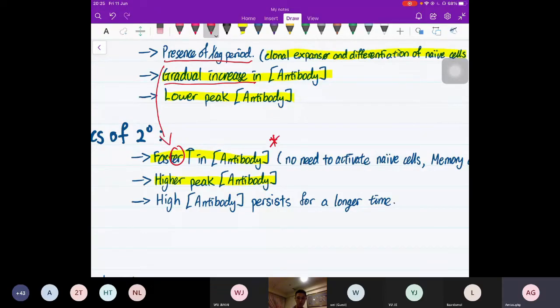So when you answer questions regarding your primary and secondary responses, and you're asked to compare or contrast them, you have to use comparative words, your -ers. If you don't use your comparative words, you're not going to get the mark because you don't show understanding that there's a difference. If you just say gradual increase and fast increase, there's no differentiation. You have to use faster, higher peak of concentration.